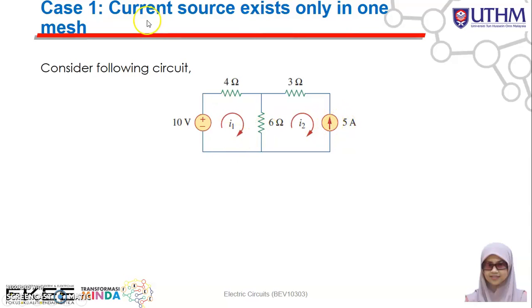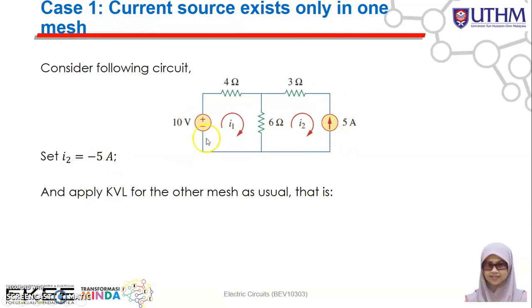So we consider it as a current source existing only in the second mesh. Here I2 will flow from top to bottom, but the 5 milliampere current source flows in the different direction. So in this case, your I2 will be equal to -5 milliampere.